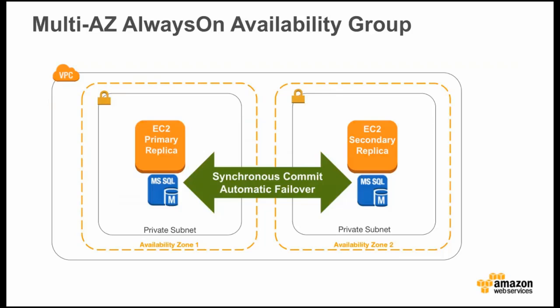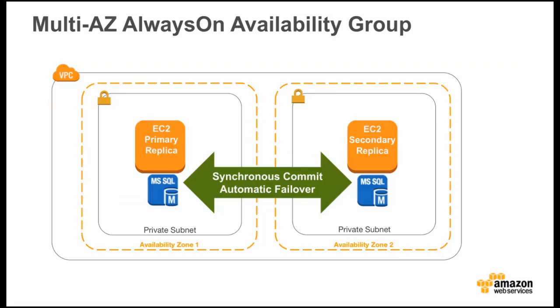So let's take this a step even further. This diagram shows a multi-region, multi-availability zone design for a SQL Server Always On. It's definitely not something that's required, and most organizations won't require this level of resiliency. But still, this option is available.